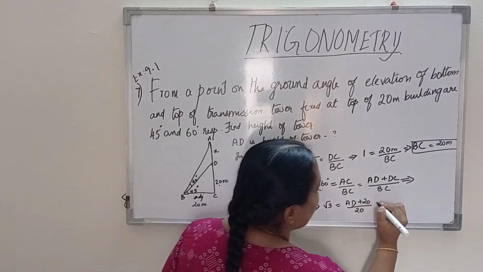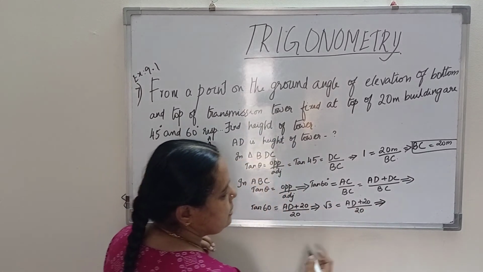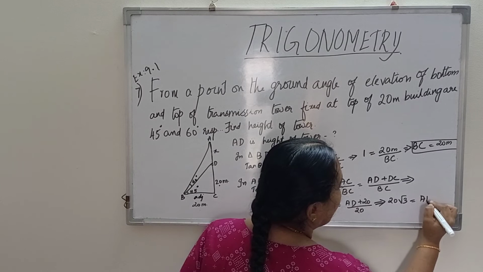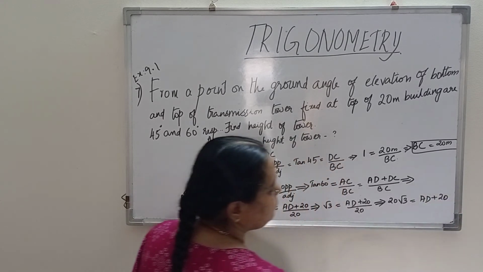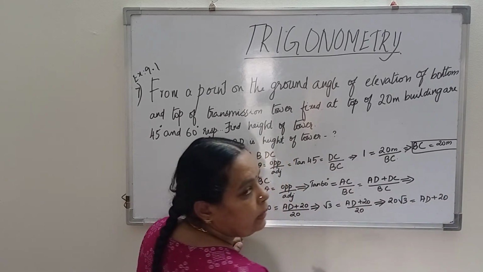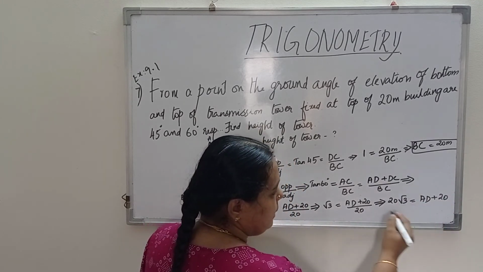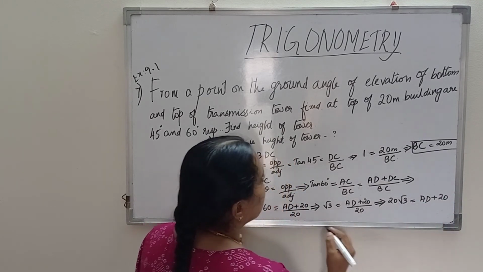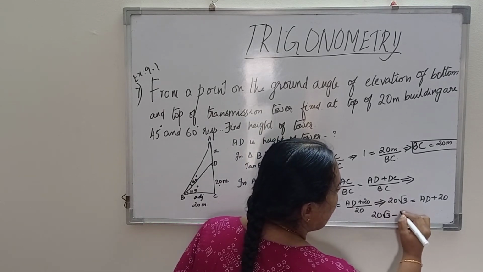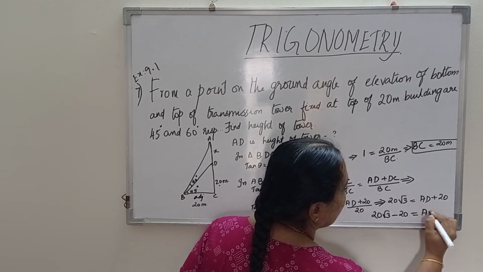The next step, we take 20 to the other side. So 20 root 3 is equal to AD plus 20. Bringing 20 to the other side, 20 root 3 minus 20 is equal to AD.